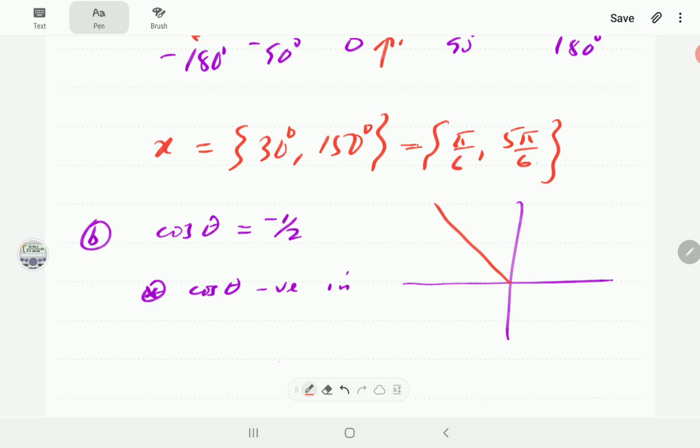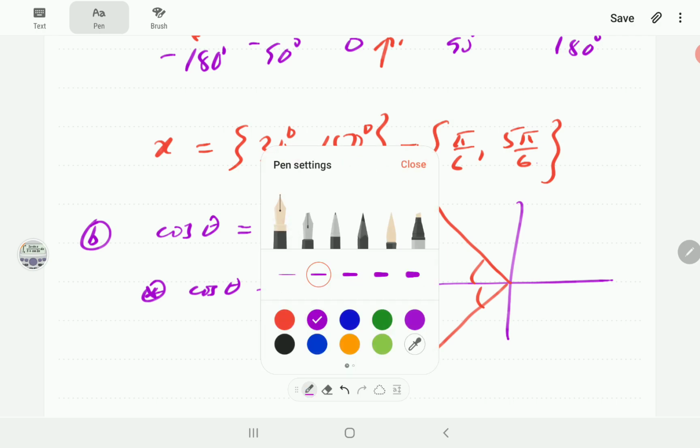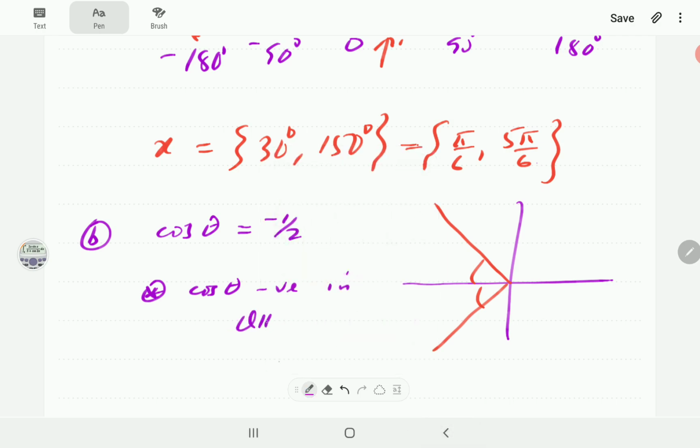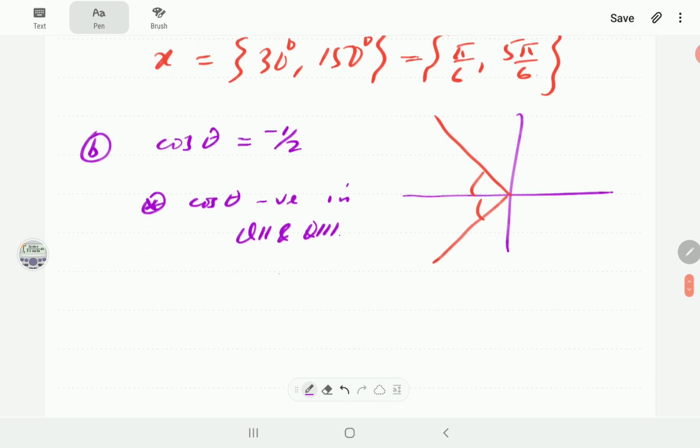Cosine theta is negative also in the third quadrant. Remember, in the third quadrant, both cosine and sine are negative. So this angle must be equal to that one there. So the answer here is quadrant 2 and quadrant 3.